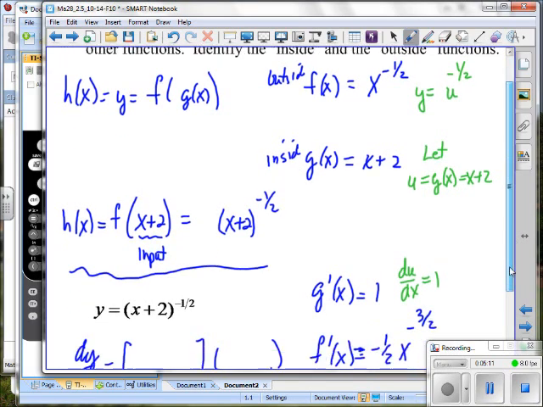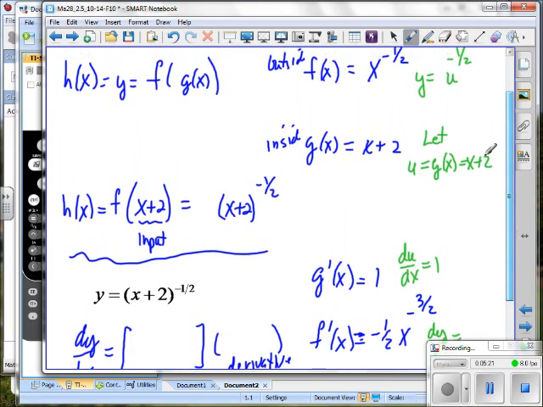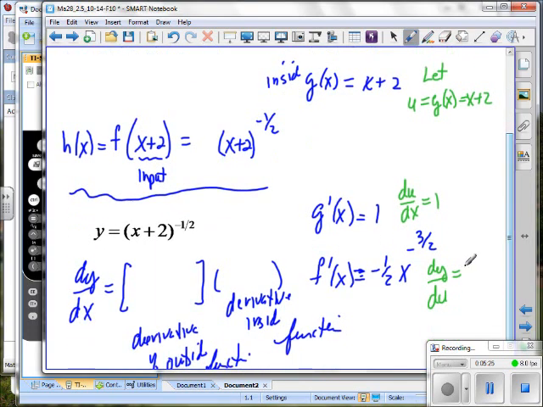Well, what does that mean down here? That means I've got dy du. Remember, y equals u to the negative 1/2, so this would be negative 1/2 u to the negative 3/2.